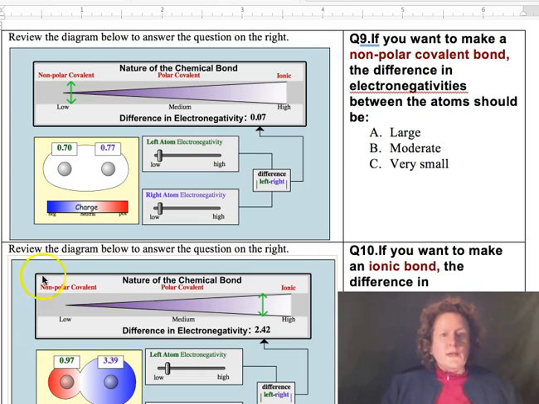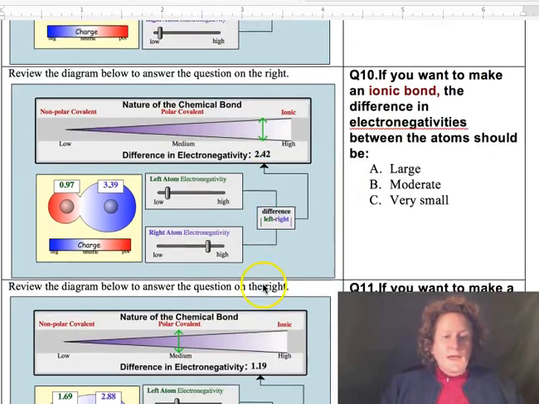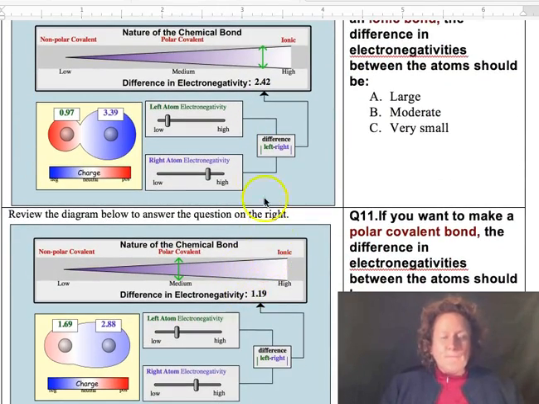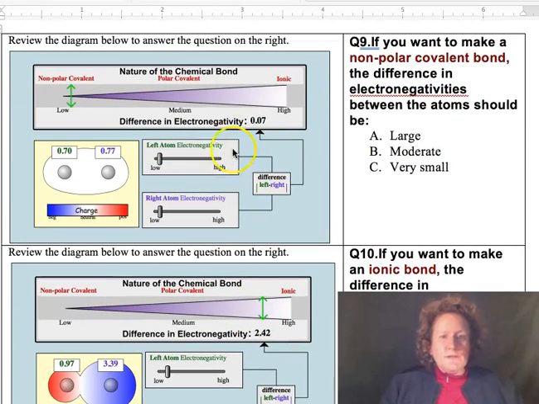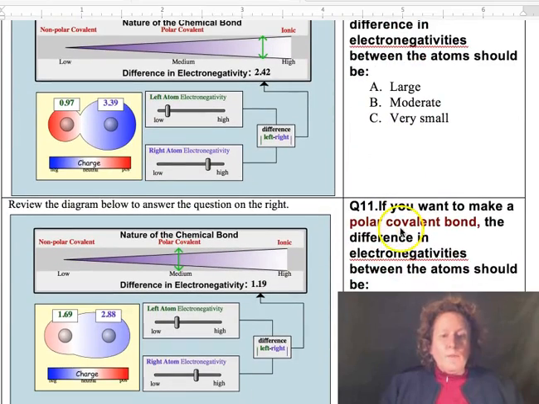So for questions 9, 10, and 11, you have some screenshots that'll help you make some decisions. Remember to look at the difference in electronegativity, whether it's low, medium, or high. And they'll give you a hint of if you want to make a nonpolar covalent bond, an ionic bond, or a polar covalent bond.